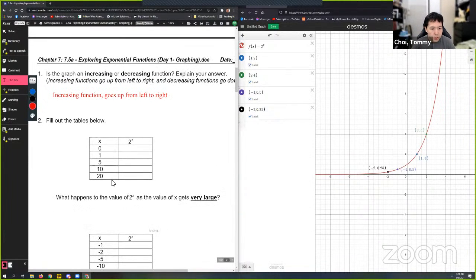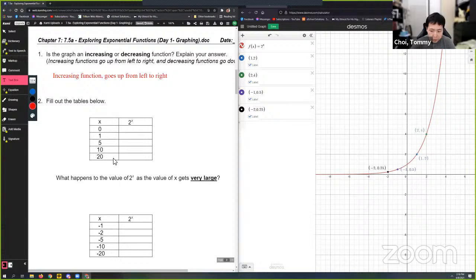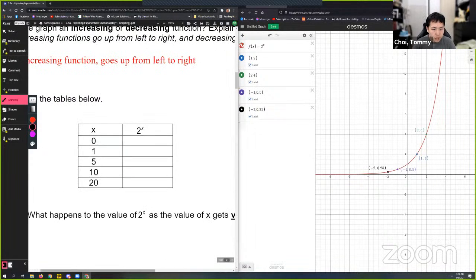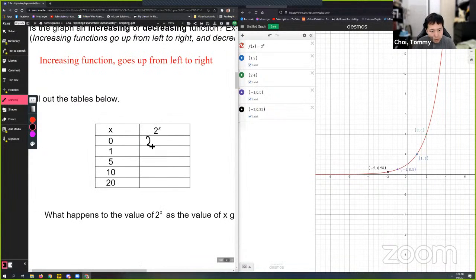And so for example, if we fill out these tables, like we said, we plug it in. If I zoom in all the way in here, 2 to the power of 0 is just 1. 2 to the power of 1 is 2. 2 to the power of 5 is 32. 2 to the power of 10, then we start needing a calculator. 1024.